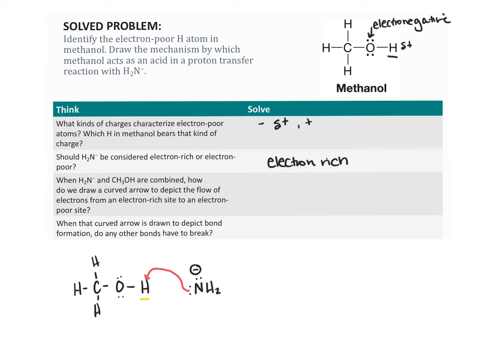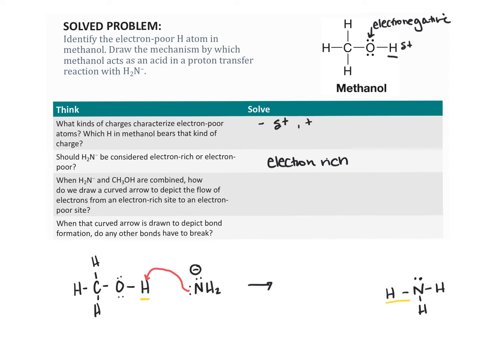Those electrons are going to pull that hydrogen back, so I like to draw that hydrogen being pulled back. That's the new bond that we formed. The electrons shown here with the red arrow form the bond right here.